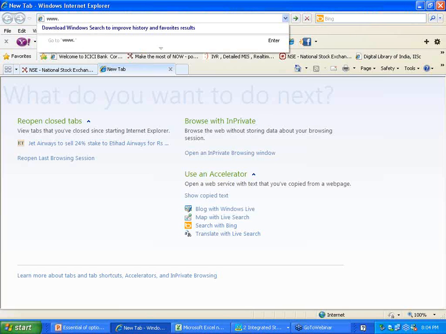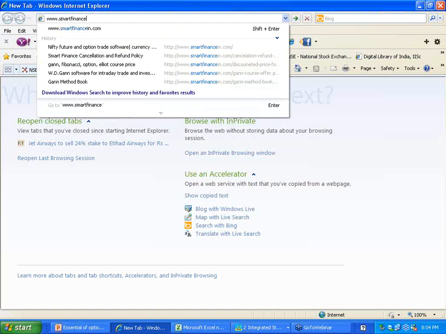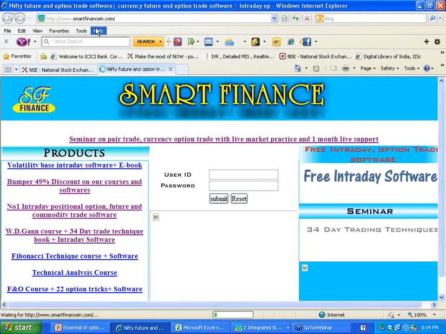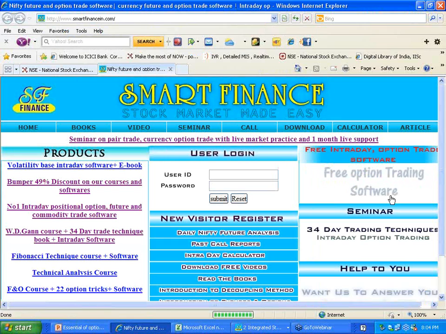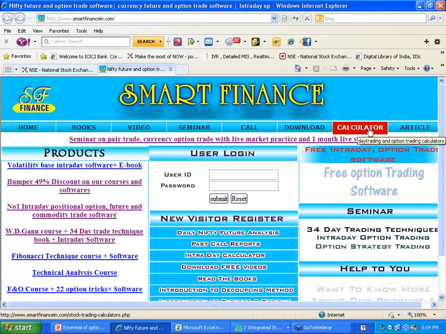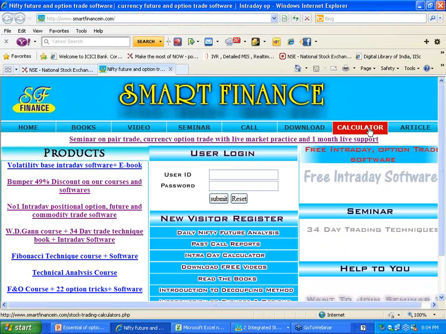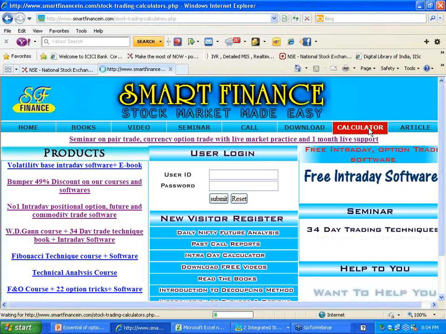Those calculators won't give you 100% results; their efficiency is restricted to 25 to 30%, because they are developed to demonstrate our concepts. They are not developed to help you in sophisticated trades.